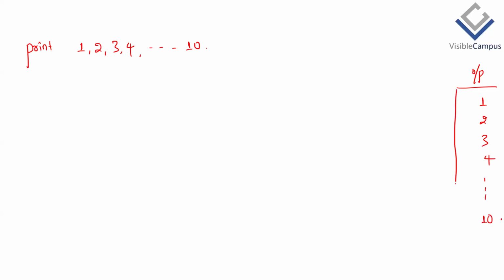The scenario is, print 1, 2, 3, 4 up to 10 with our known knowledge. How do we get this output? I mean, the output has to be 1, 2, 3, 4 and so on up to 10 in separate lines. So this is the expected output.